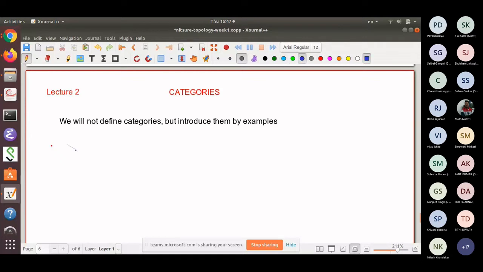So one example that we will talk about is sets. So it has some objects. It has some arrows. And the arrows have composition.